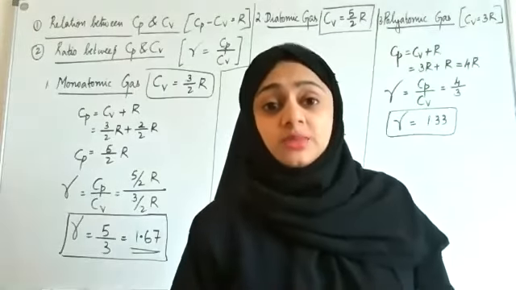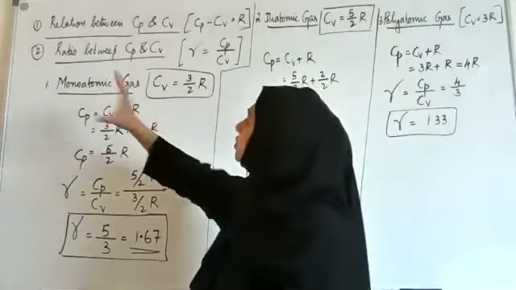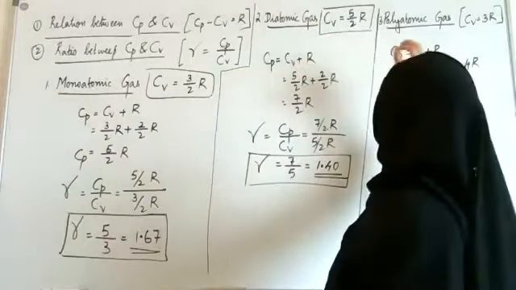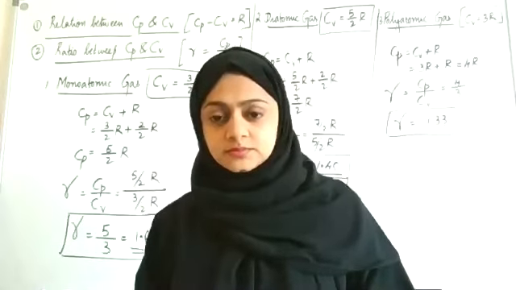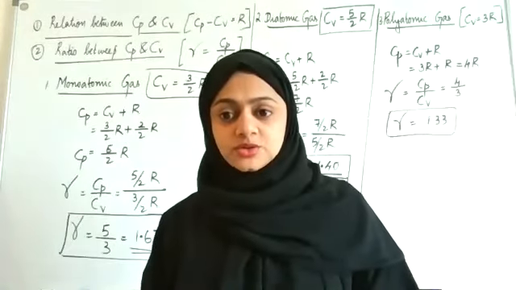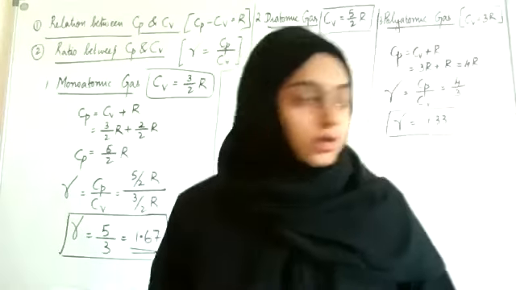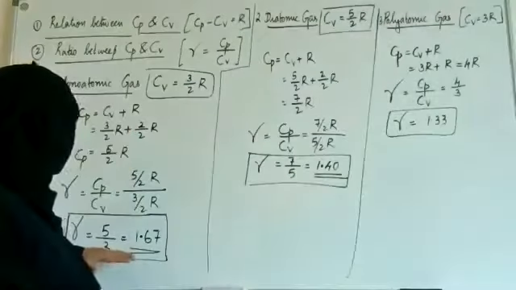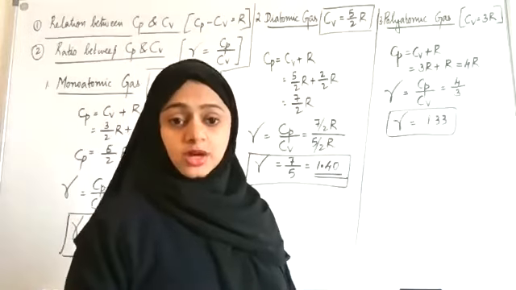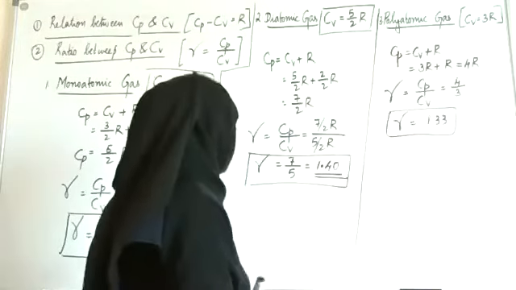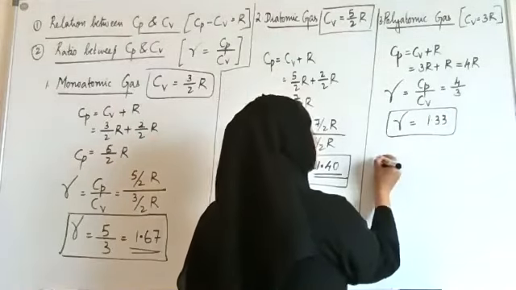If you have some gas, depending upon the value of gamma, you can find out whether it is monoatomic, diatomic or polyatomic gas. Is that clear to you? Yes. Okay, so these are the values of gamma, and you can use it to find out what kind of gas it is.